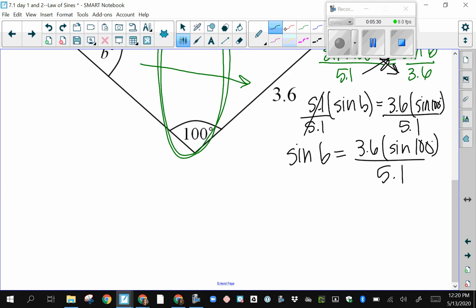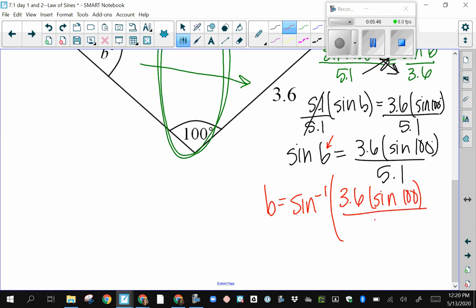And then we do have an additional step because I'm trying to solve for an angle. I need to undo sine. So you're going to use inverse sine of all of that stuff. Now, if you have a graphing calculator like a TI-Nspire at home, you're probably safe to type that all in at once. But if you're just using a TI-30 or something, you're going to want to baby step it. So this is how I would do it.